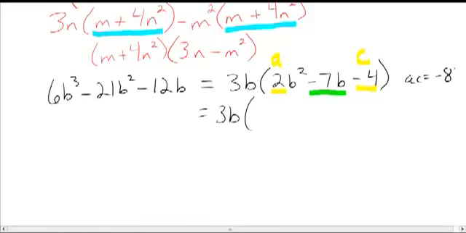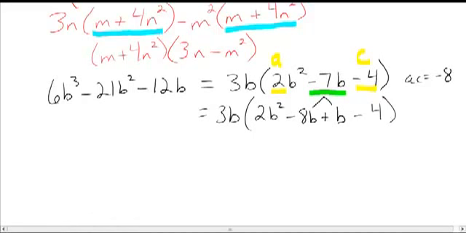I want to split it into two terms that multiply to make negative 8, but when I add them I still get negative 7. So I'm going to write 2b squared, and now here comes the middle term. I'm going to split it into minus 8b plus 1b, or just plus b, and then the minus 4 is still there.